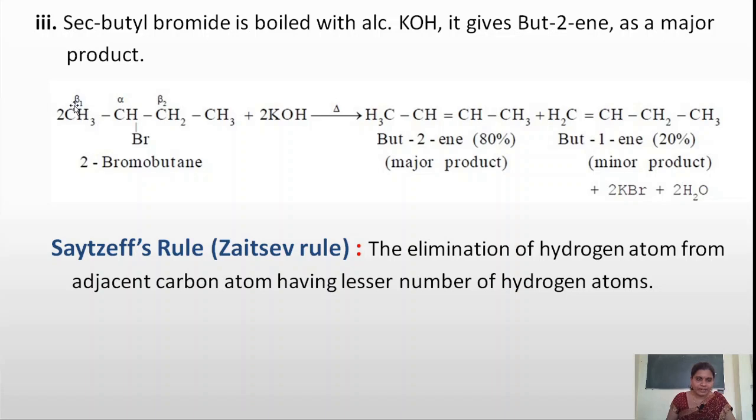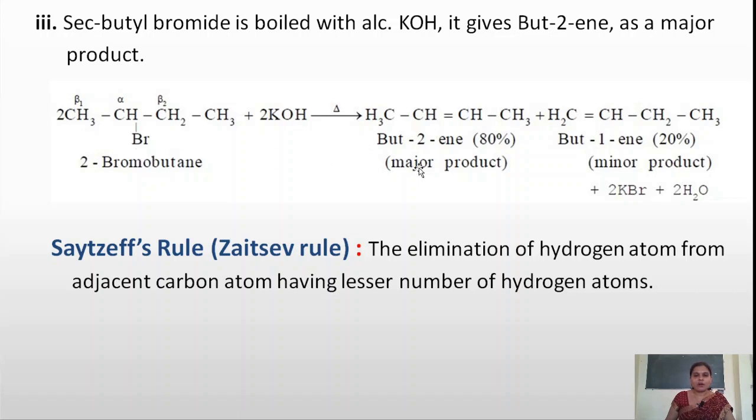So we will take beta 1, and this is also a beta carbon, and this is beta 2, and there is a probability of the removal of this hydrogen also and this hydrogen also. But in this case, the hydrogen from the beta 2 carbon is most probably removed.